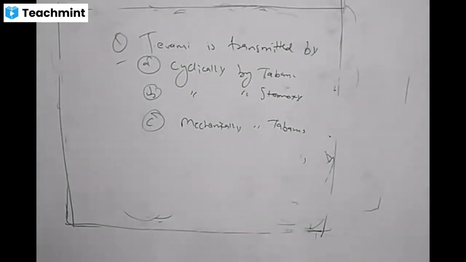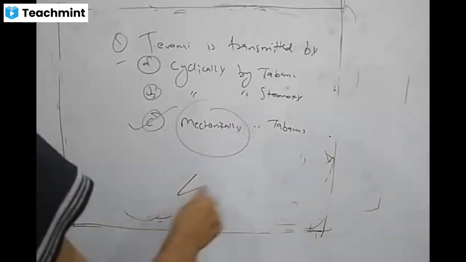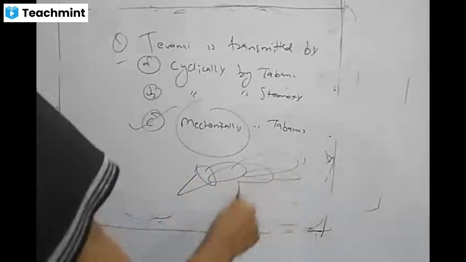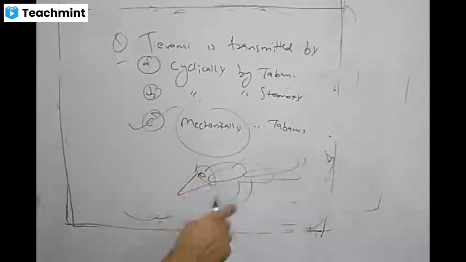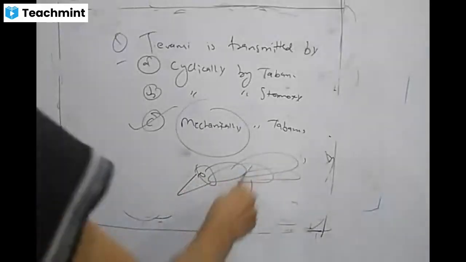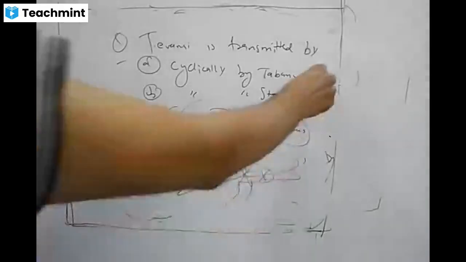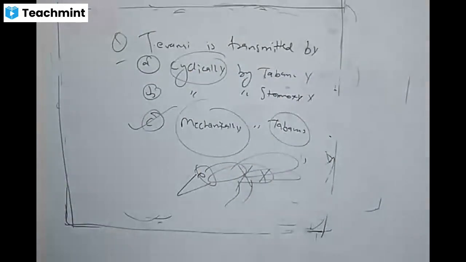So answer C, I think, is correct, because this is the mechanical one. What does it mean? This is your insect. Inside the body of the insect, there is no development inside the Tabanus or Stomoxis. So these both are wrong, because cyclically means development.